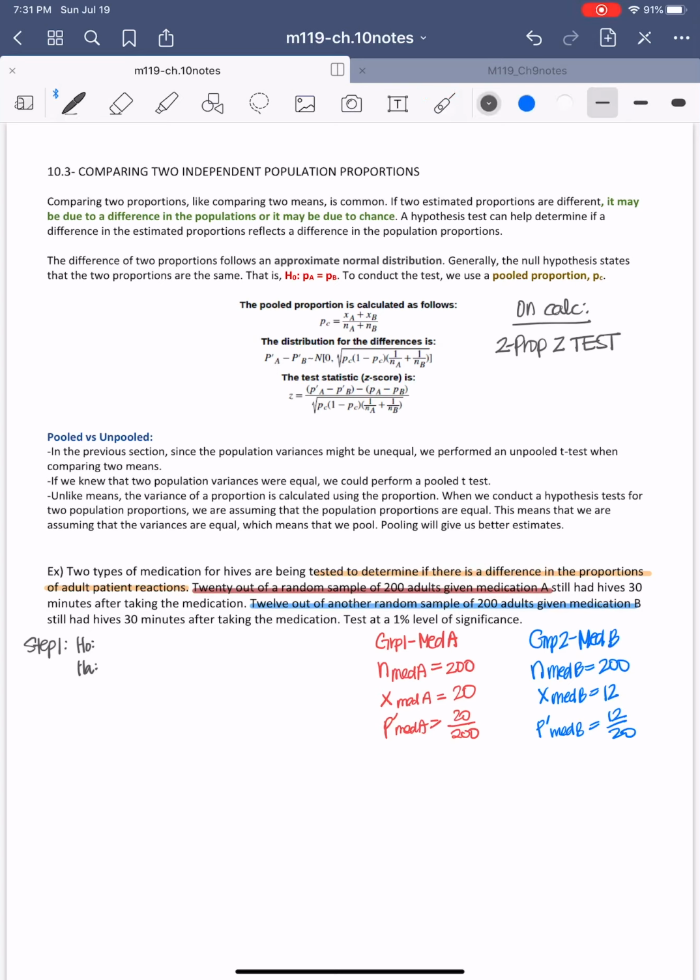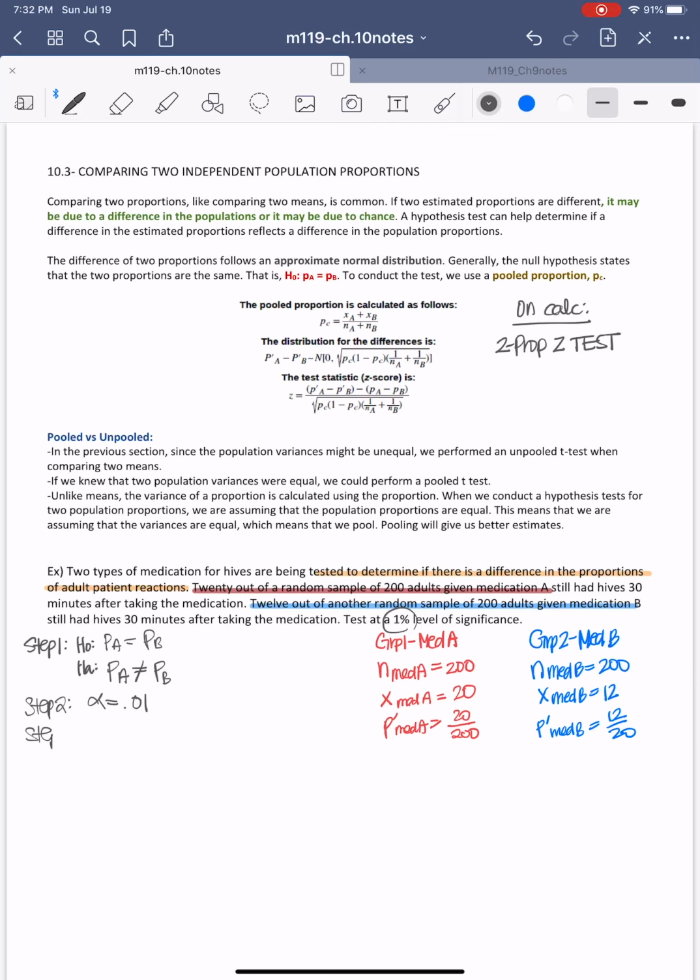So PA, medication A, not equal to PB, so null will be PA equal to PB. Step 2, alpha value, we want to do 1% level of significance, so that's 0.01.